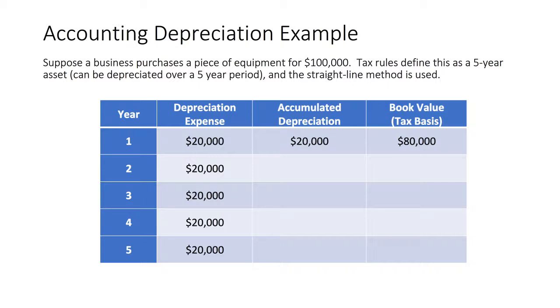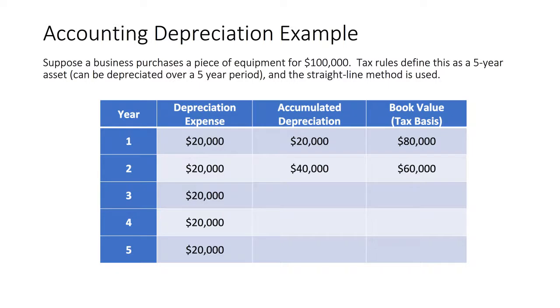And that will reduce our book value from the original cost of $100,000 down to $80,000. So at the end of year 1, this asset, for tax purposes, is now worth $80,000 because we've claimed a total of $20,000 in depreciation expense through the first year.